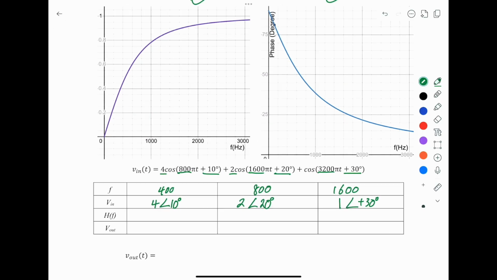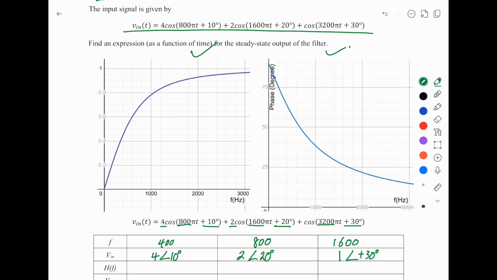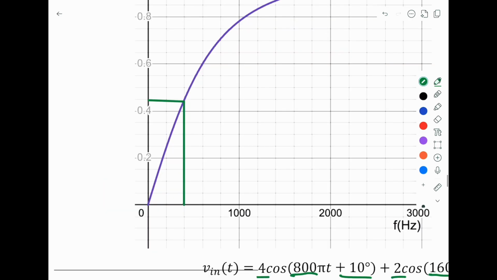Now we have to use the graph here. For 400 Hertz, the first term, this is roughly about 0.45.